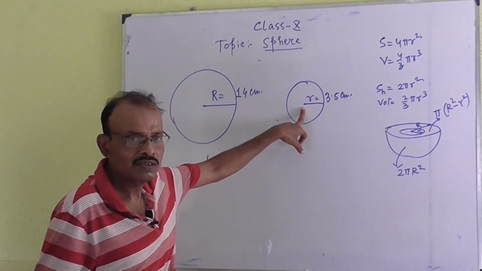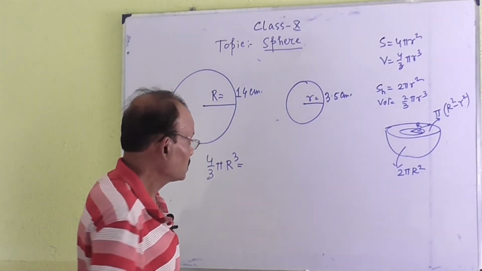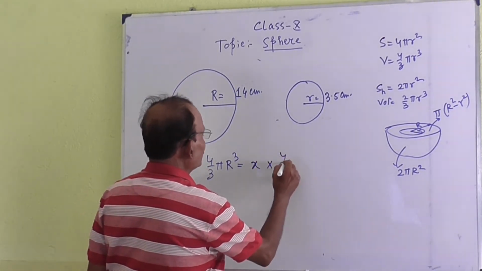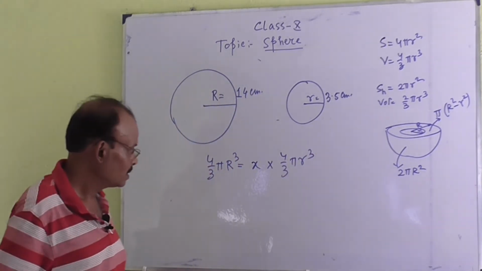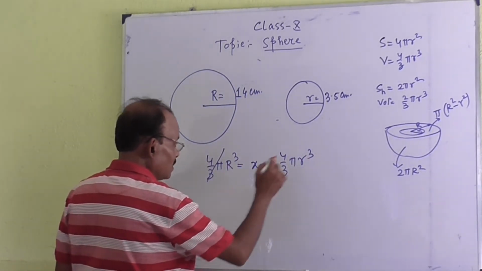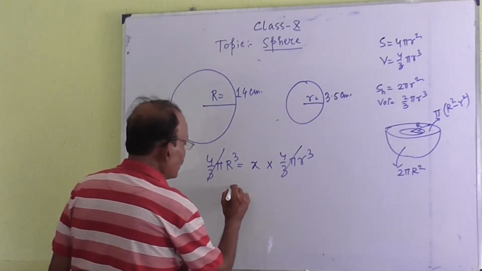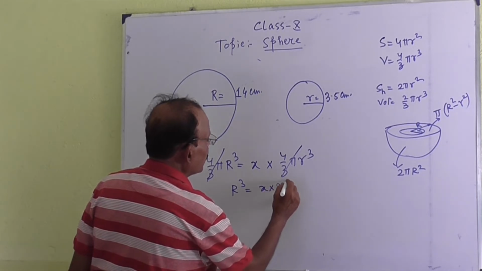Let us take the number of the small spheres be x. So, x into 4 by 3 pi r cube. Clear? So, we cancel from the both sides. We have R cube equal to x into r cube.